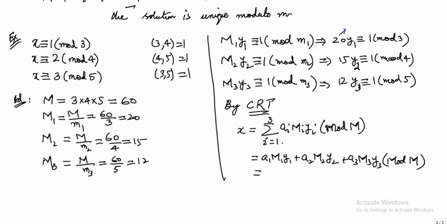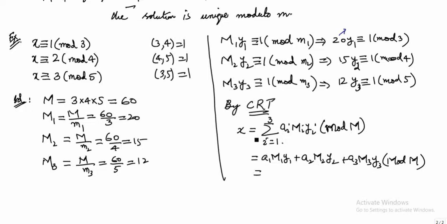Okay, so we have all M_i's and we have m, but we don't have y1, y2, y3, which are the solutions of the three linear congruences given here. And a1, a2, a3 are the coefficients.